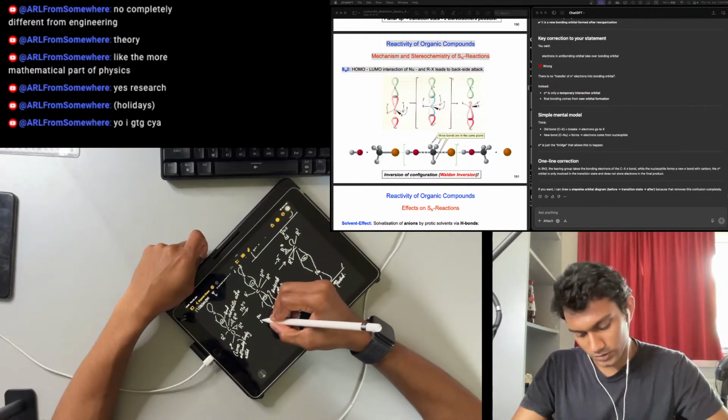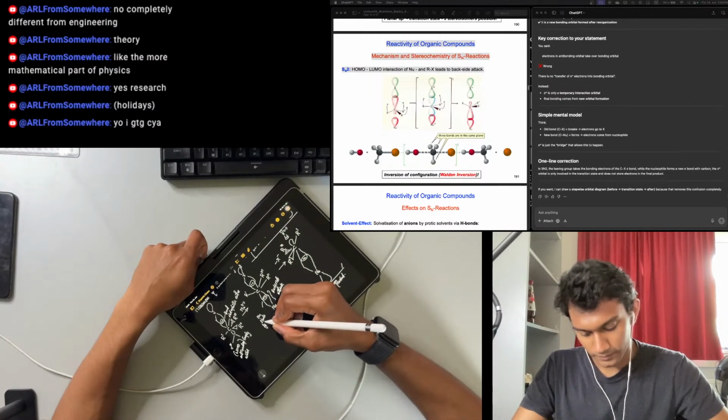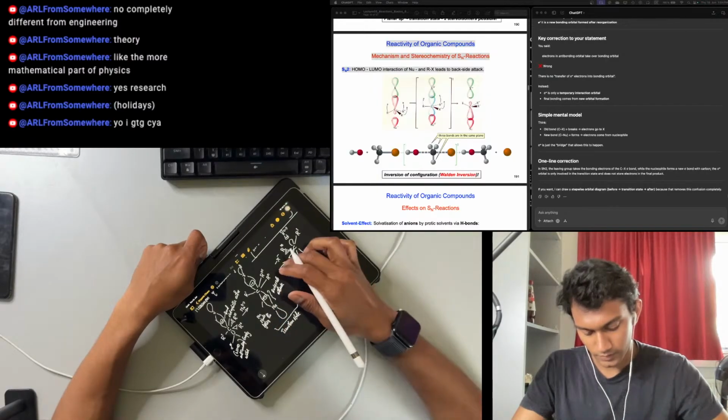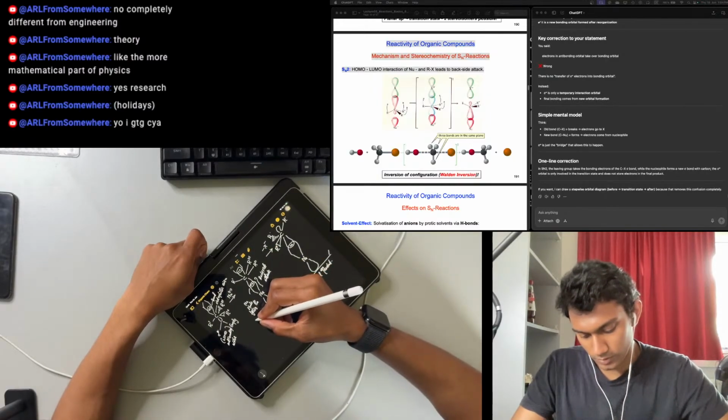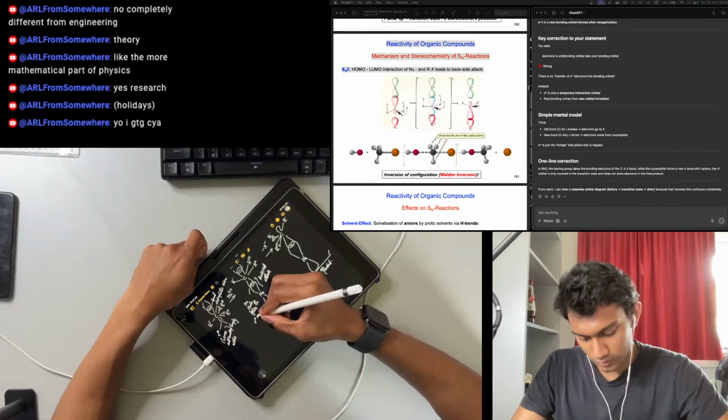The nucleophile starts filling the anti-bonding orbital, sigma star orbital.